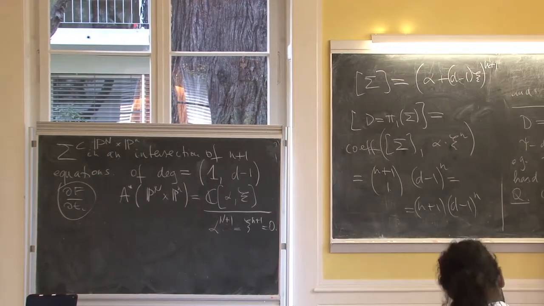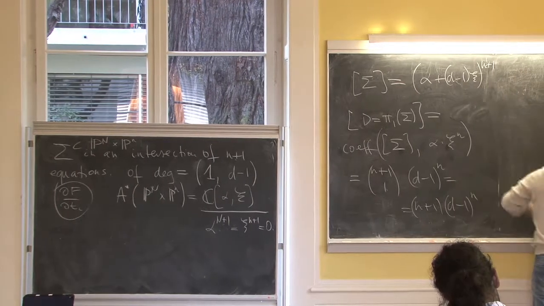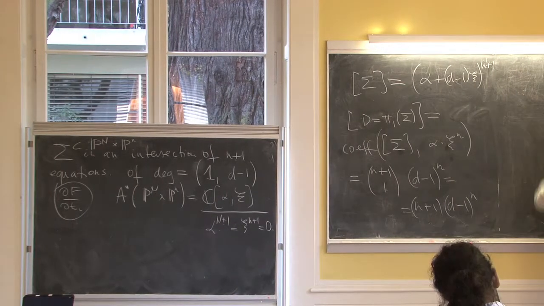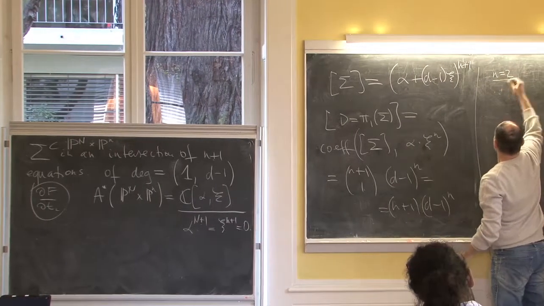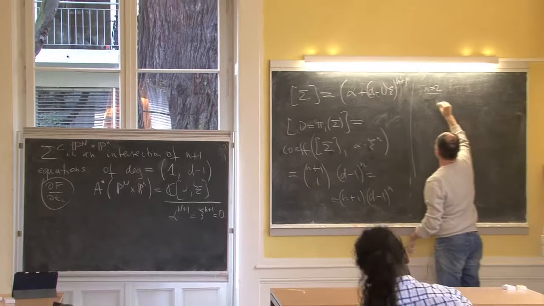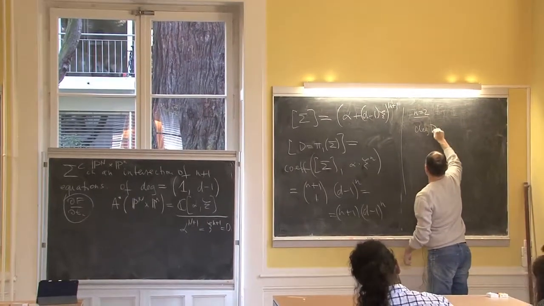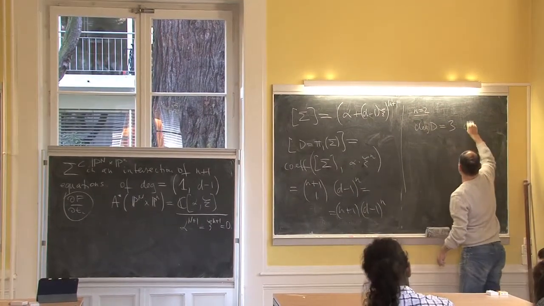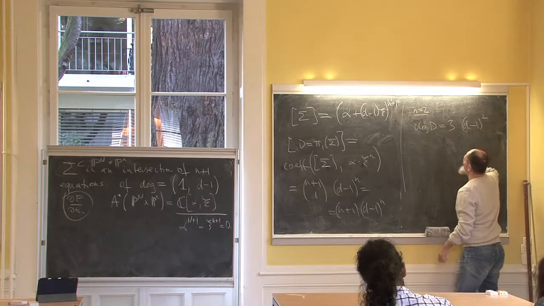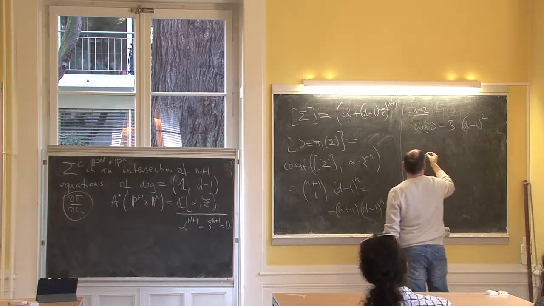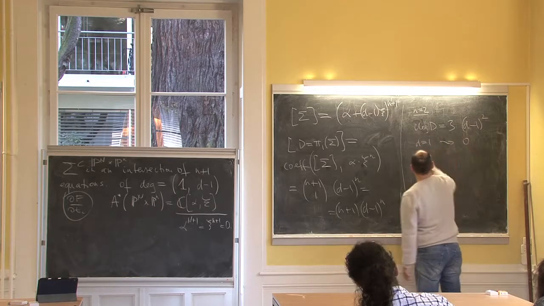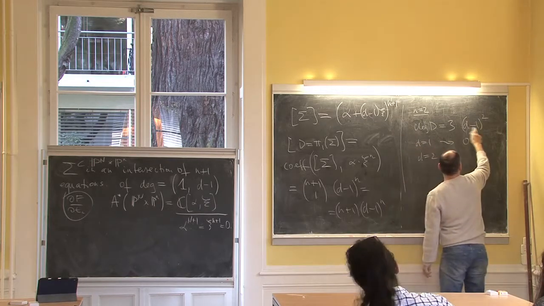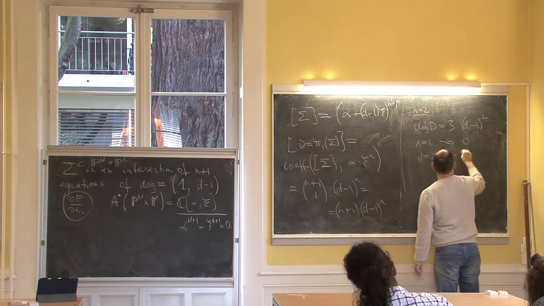Just give me now 20 seconds. Then let's just check finally what we wanted. So n equals 2, the plane situation. We get the degree of d is equal to 3 times d minus 1 squared. So if d is 1, this gives me 0. If d is 2, that's 3 times 1 squared, which gives me 3.